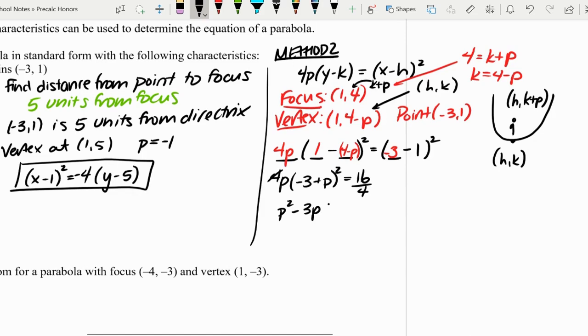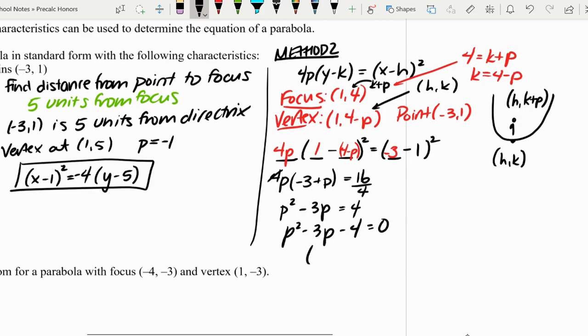No, I was doing okay. Just multiply this through. I'll get p squared minus 3p equals 4. Now I just have to factor.